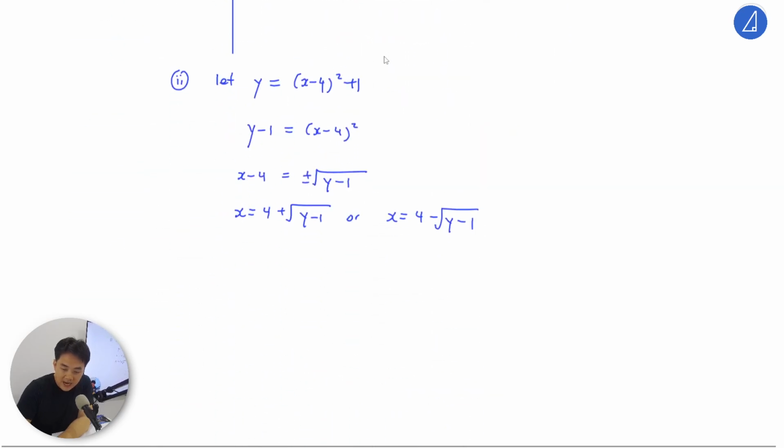So 4 plus a value can be more than 4, but for this one you subtract, so this one is rejected, as x has to be more than 4. You don't want to subtract a value from 4. So hence, this is your inverse function.